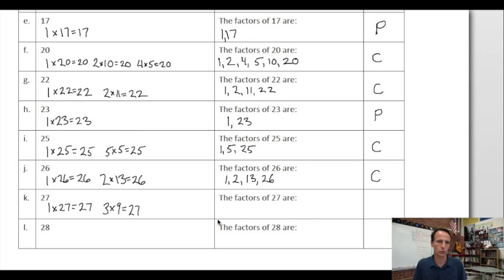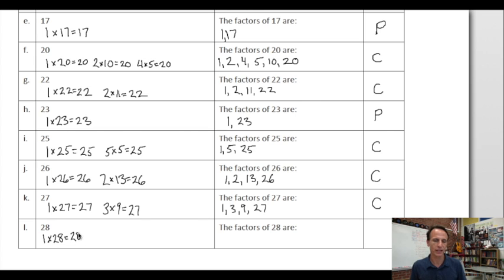Nope, that's it. So the factors of 27 are 1, 3, 9, 27. So that clearly is composed of more factors than just 1 and itself. It is composite.